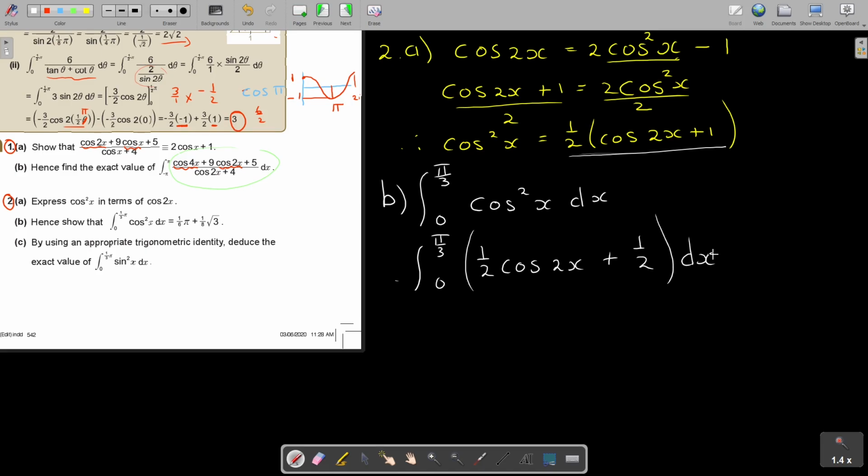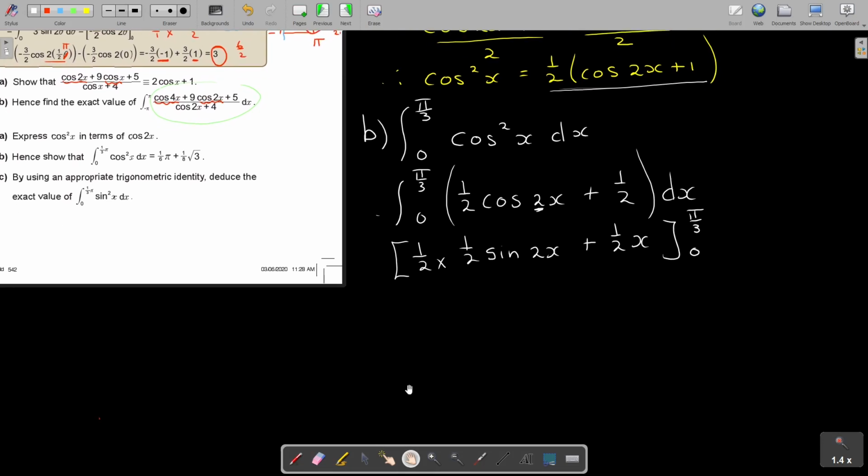Now I'm going to integrate. So it's a half, multiplied by a half due to that, sin 2x plus a half x, from 0 to pi over 3. Let's continue.